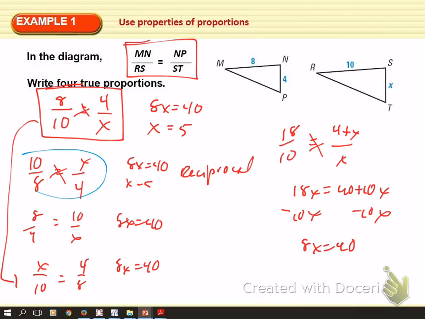If we take a look at this one, now we're going from big to small, corresponding sides. That means my next ratio needs to go big to small, corresponding sides, and it did. If you look at this one, now we're comparing the side lengths of the same triangle and making sure it's equal to comparing the corresponding side lengths of the bigger triangle.